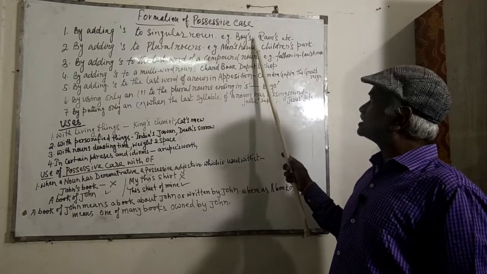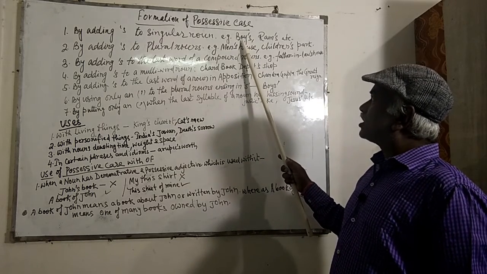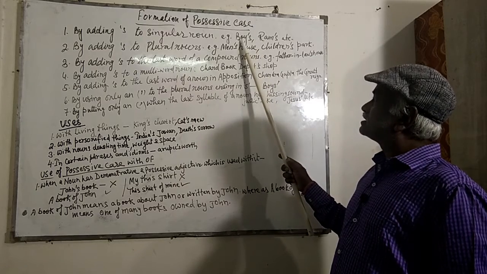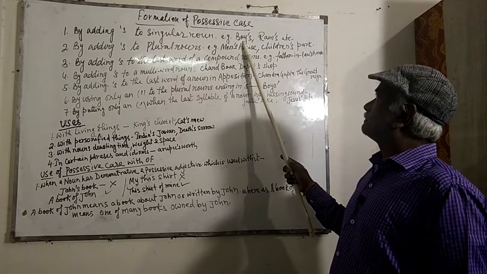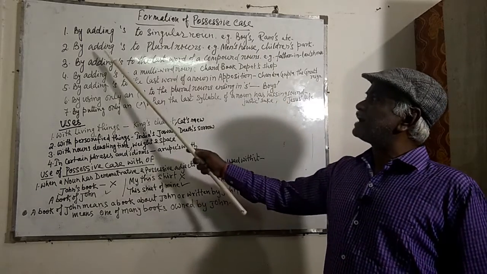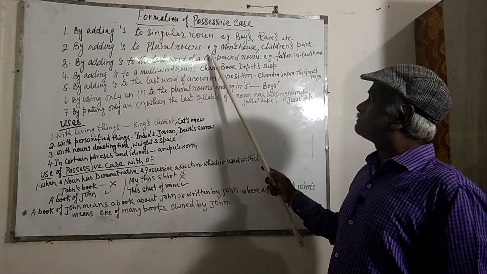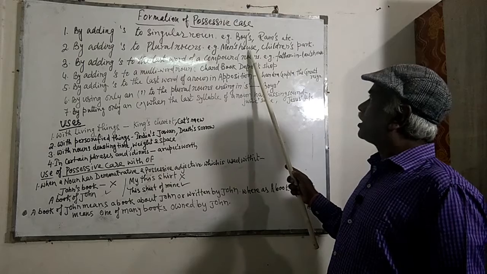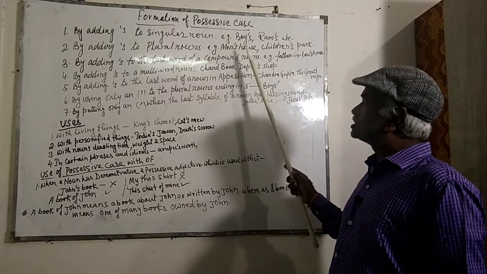It is possession. That means, suppose I say boy's bicycle, that means this bicycle belongs to this boy. Ram's house. The second one is by adding apostrophe s to plural nouns. For example, men's house, children's park.